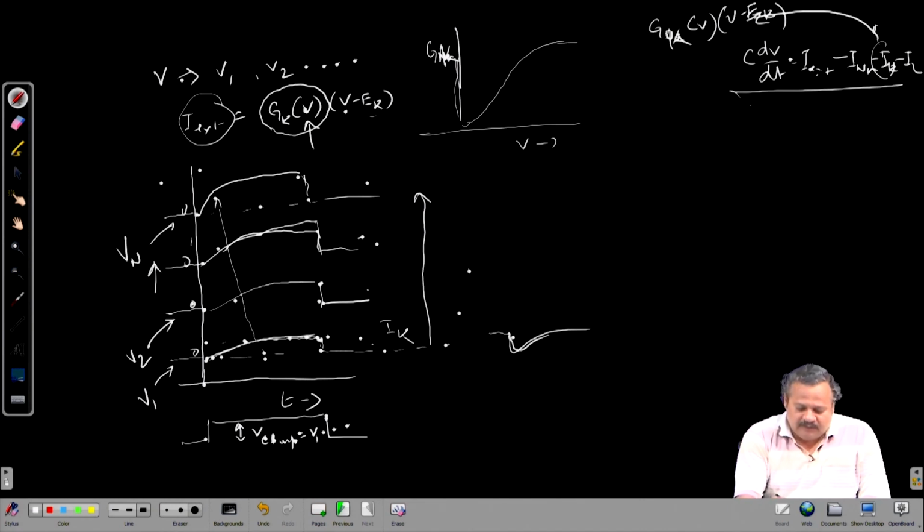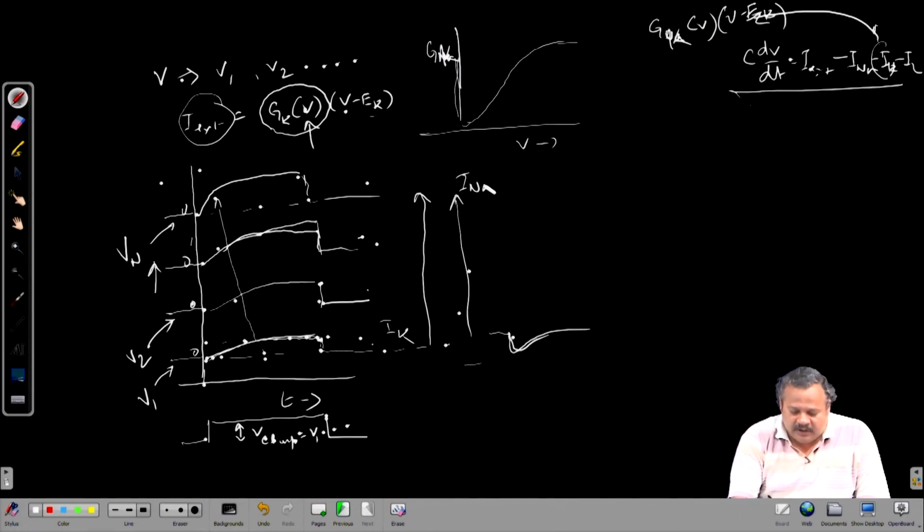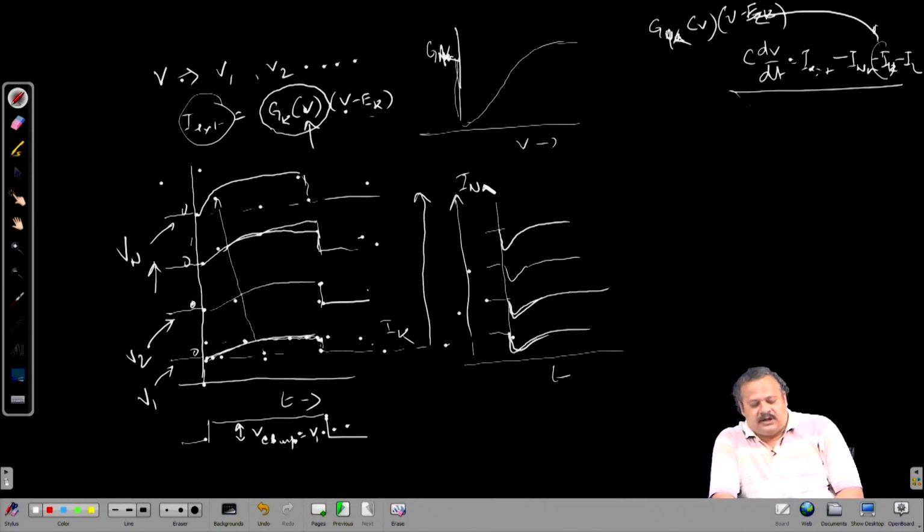Similarly, in parallel here, if we are plotting the I Na at the different V's that we have at different times, then what we will see is an increase in the magnitude of the sodium current, and it reaches its final values faster and faster.